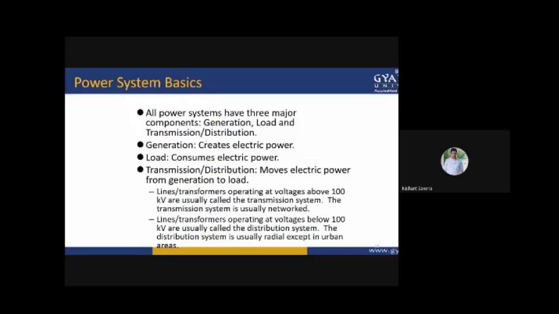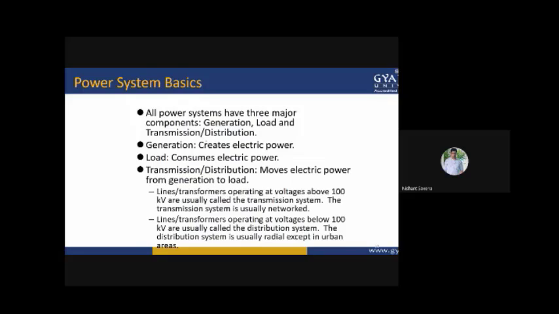The lines or transformers operating at voltages above 100 kV are usually called the transmission system. And the transmission system is usually networked. That means various configurations have been designed for the transmission systems. Similar configurations have been designed in the distribution as well.